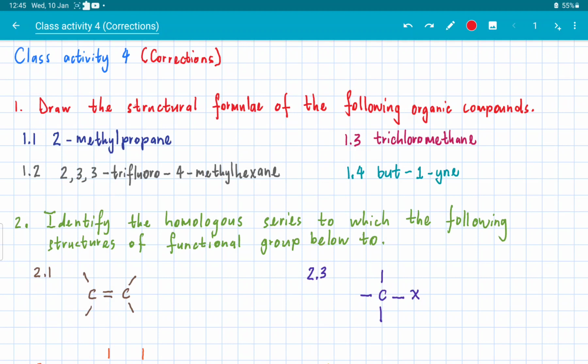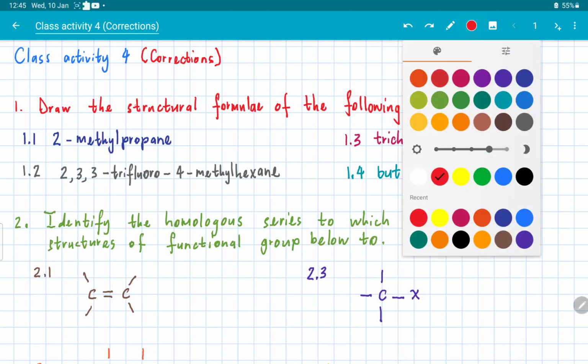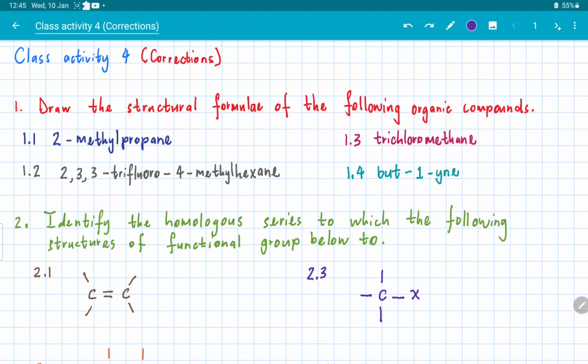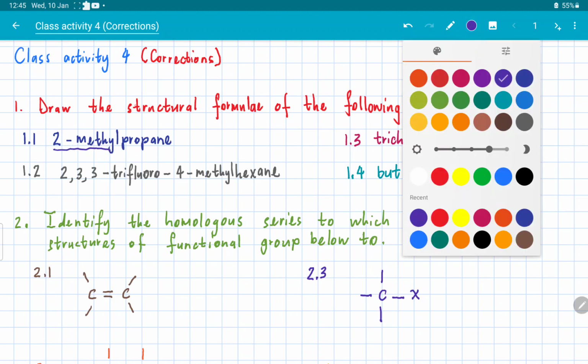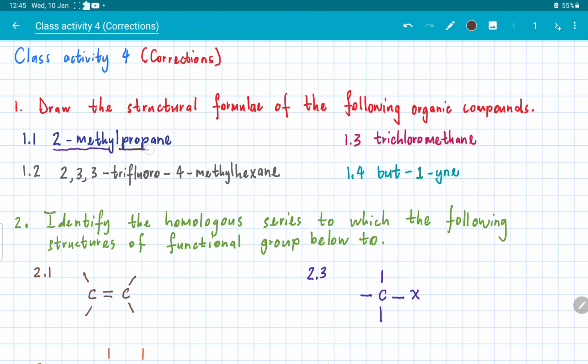There is this part, the substituent, and this part, which is the root name, indicating the total number of carbons in the main continuous chain. And there is this part that indicates the homologous series to which this organic molecule belongs.